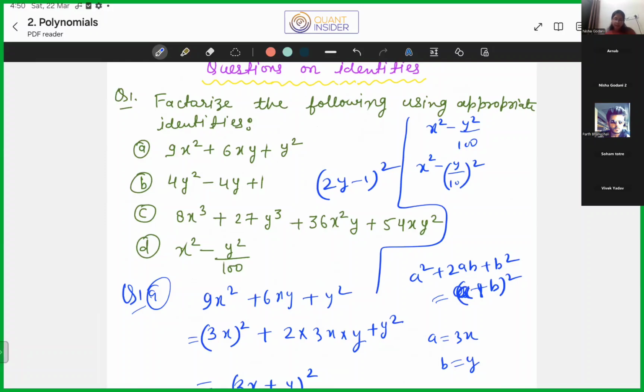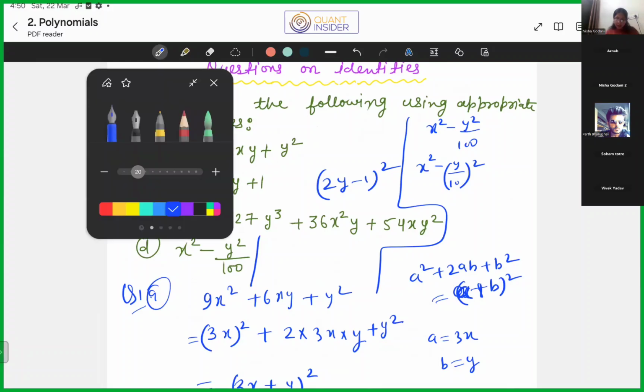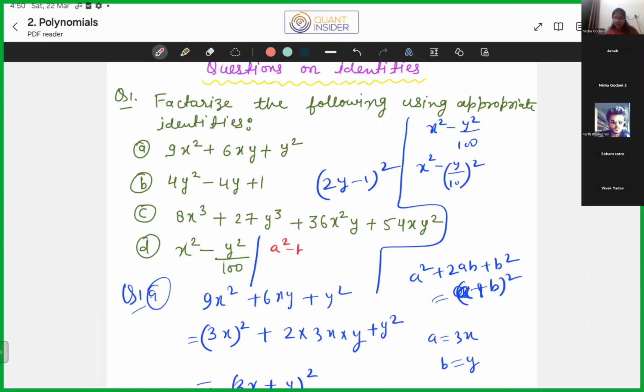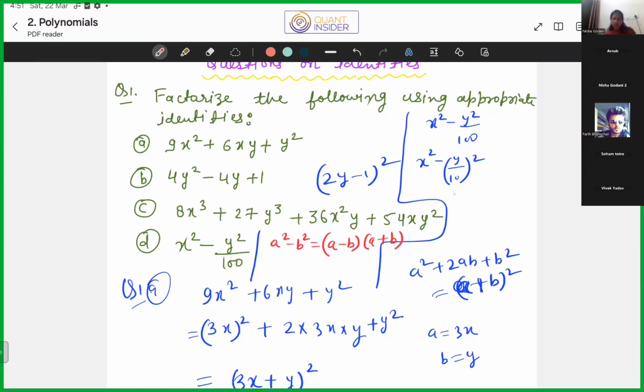Now there is another identity. What is that identity? a square minus b square equal to a minus b and a plus b. So you can apply this in the D part.